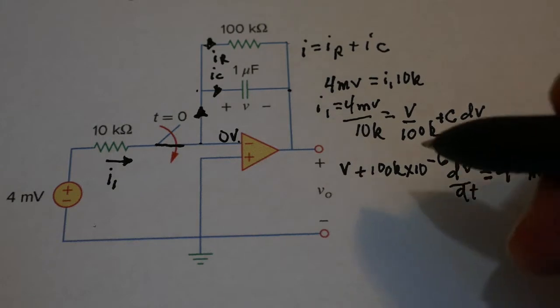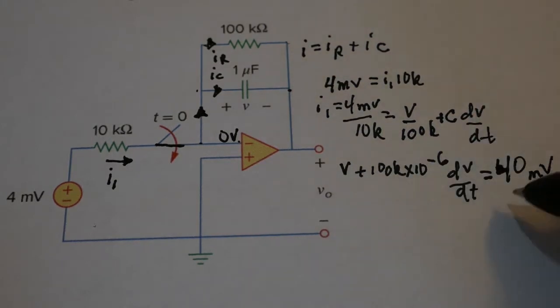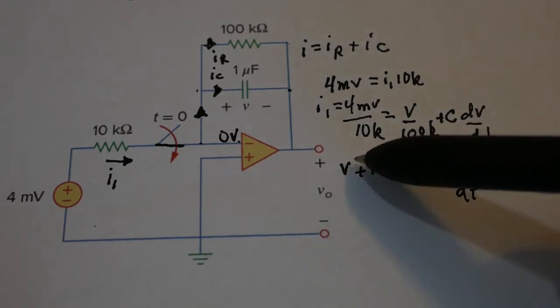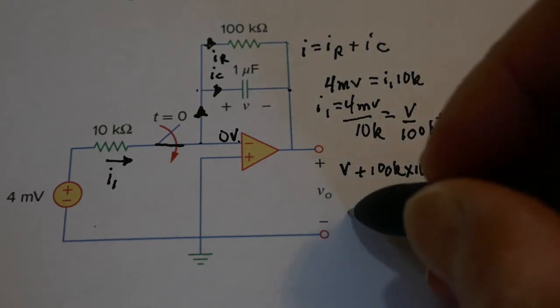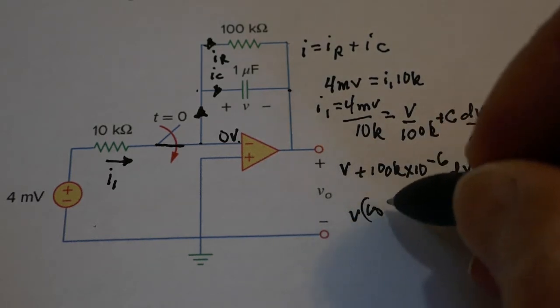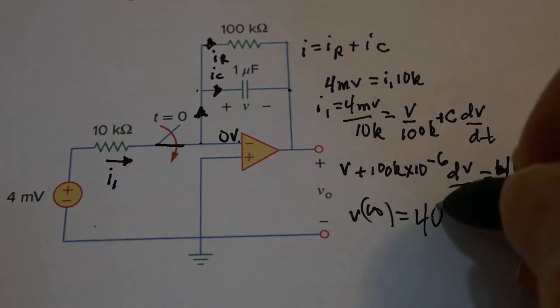Okay, now to solve this, we know that we need to find V is equal to V infinity, and V infinity is when this term here is equal to 0, or in other words, V infinity is equal to 40 millivolts.